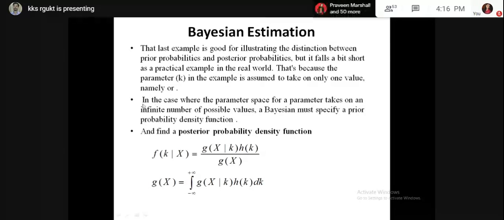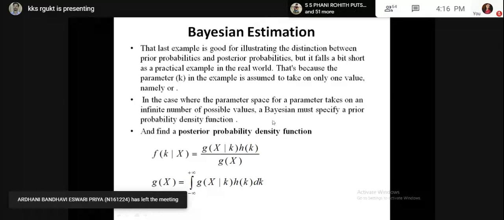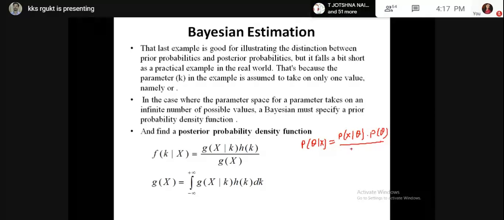But in the case where the space for the parameters takes an infinite number of possible values, a Bayesian must specify a prior probability density function. The meaning is, in the last example we discussed that probability of parameter given x is equal to probability of x given parameter theta times probability of theta over evidence.